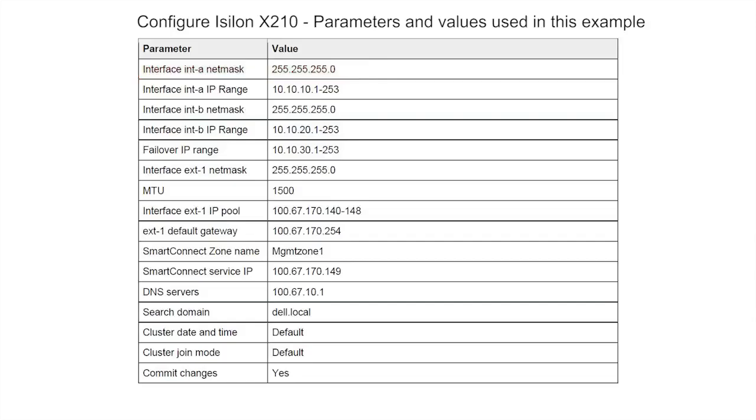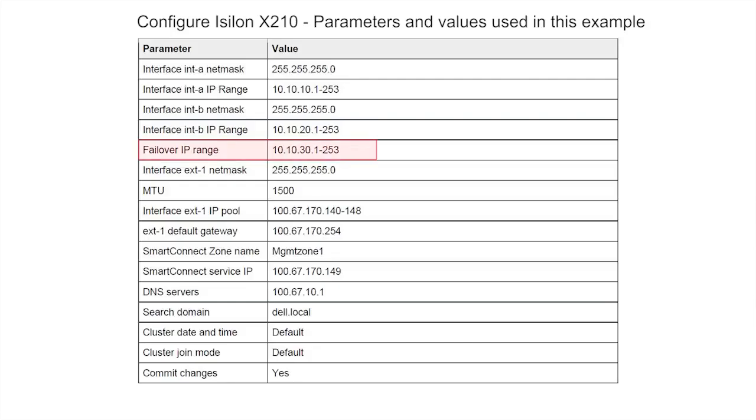Similarly, for communication between cluster nodes on side B, the IP address range is 10.10.20.1 to 10.10.20.253 with subnet mask 255.255.255.0, that means /24.